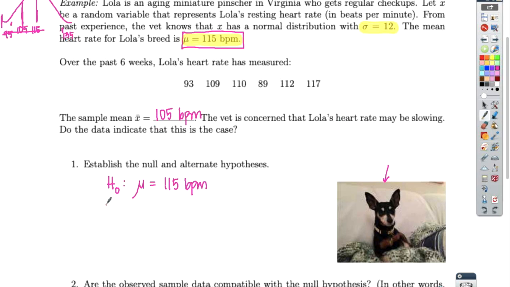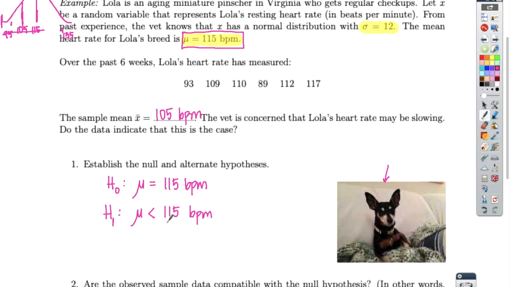Now, our alternate hypothesis comes from our set of data. And since Lola's resting heart rate was a bit lower, I'm going to use the inequality symbol less than. I'm thinking that maybe her resting heart rate is less than 115 beats per minute.